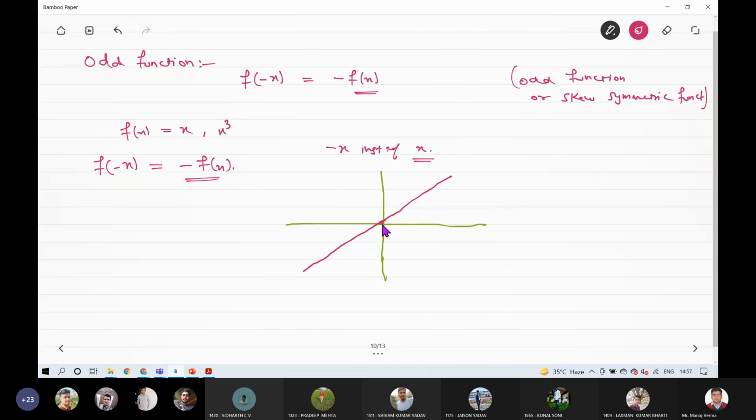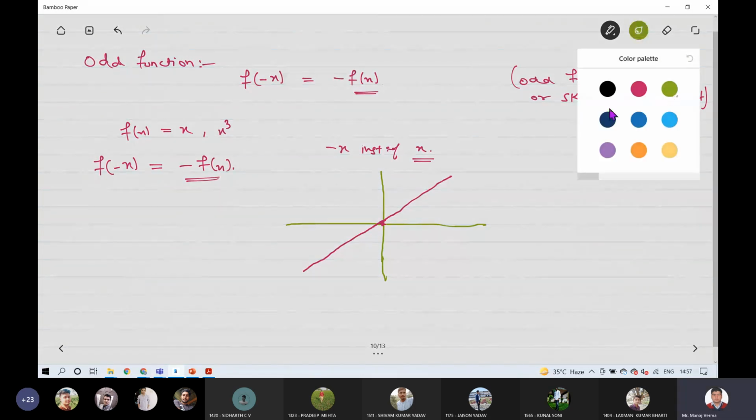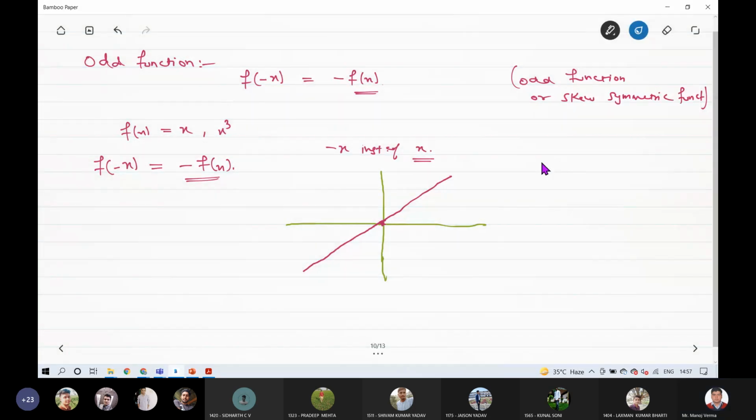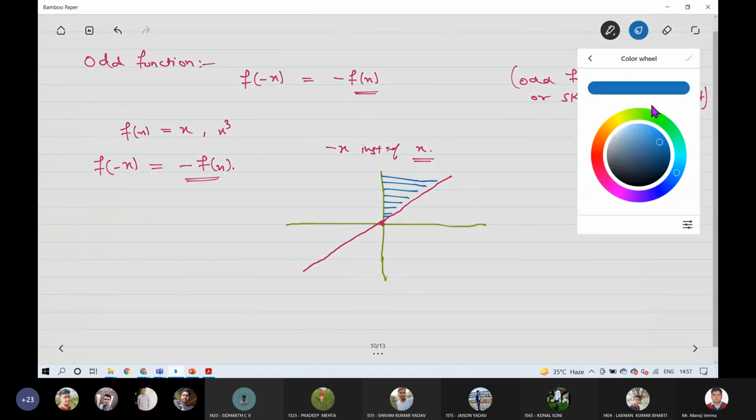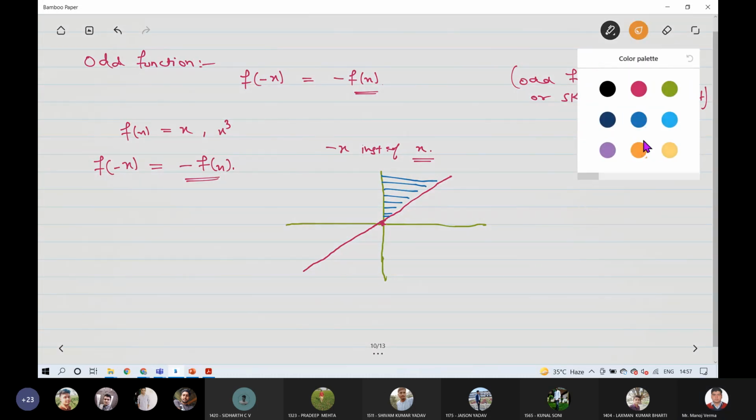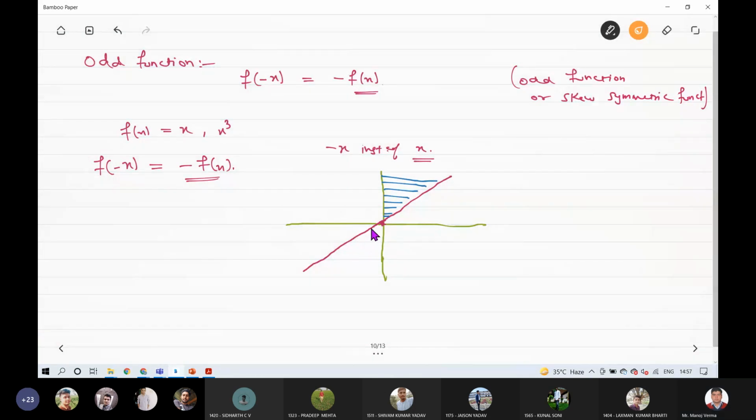Now you can see the area under the curve. This was your f(x); this area under the curve is actually equal in magnitude, but will have a negative sign with this.